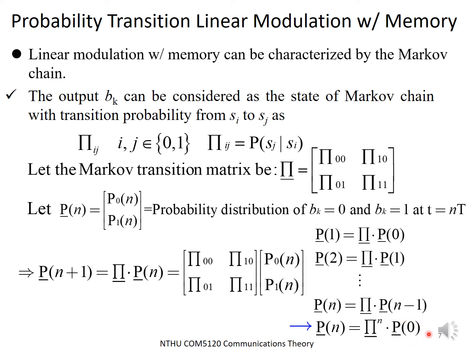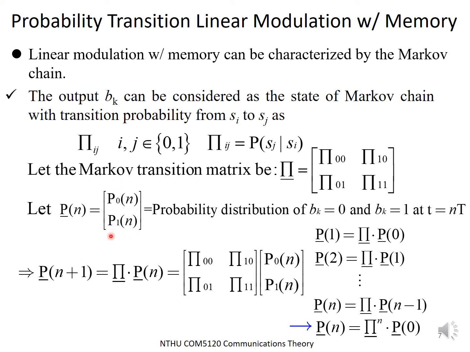The initial probability distribution could be any. This P0 could be equal probability, 0.5 and 0.5, or it could be unequal probability, like 0.2 and 0.8, or 1/3 and 2/3.